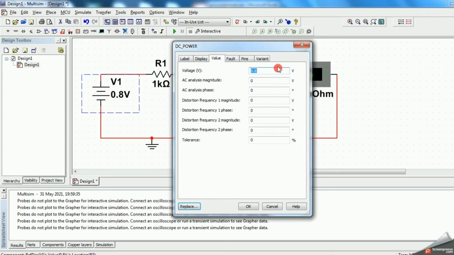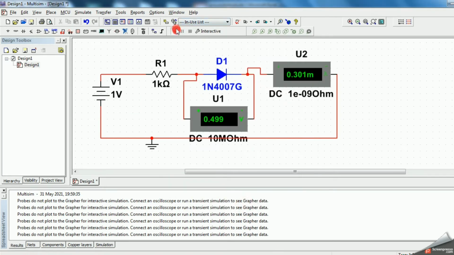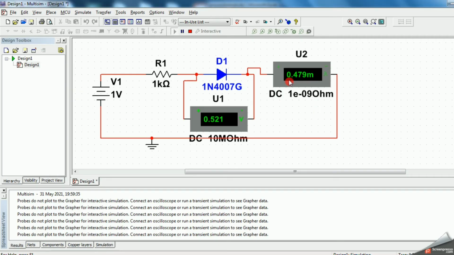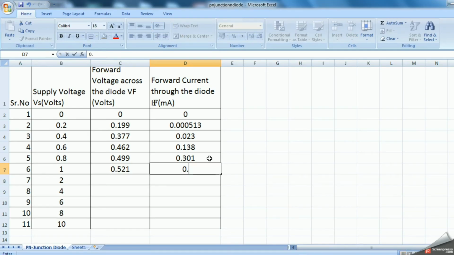Then make the supply voltage 1 volt. Okay, and play. The voltage across the diode is 0.521 and current is 0.479 milliampere.